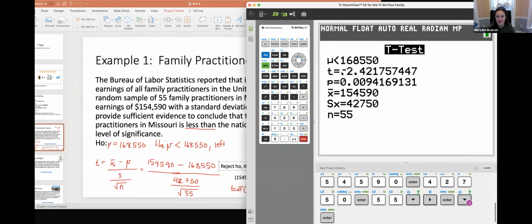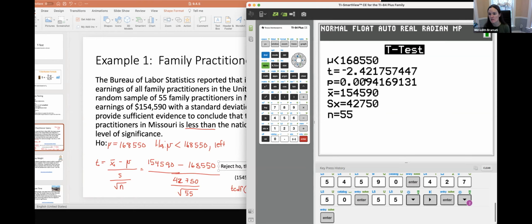If you calculate, we get a t of negative 2.4217, which is what we got before. And we get a p-value of 0.009. So Carnisha, I think it was you that had 0. Is it showing up the 0.009 on the t-test? Yes, it's showing up that way on here. Okay, perfect. Then I'm not so concerned about the tcdf because you don't have to do it by hand. I'm just showing you how to do it by hand for the first ones.